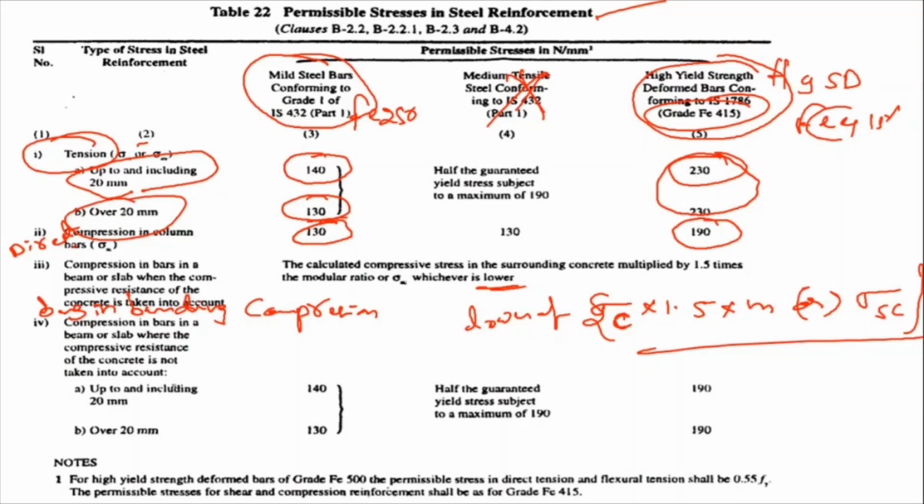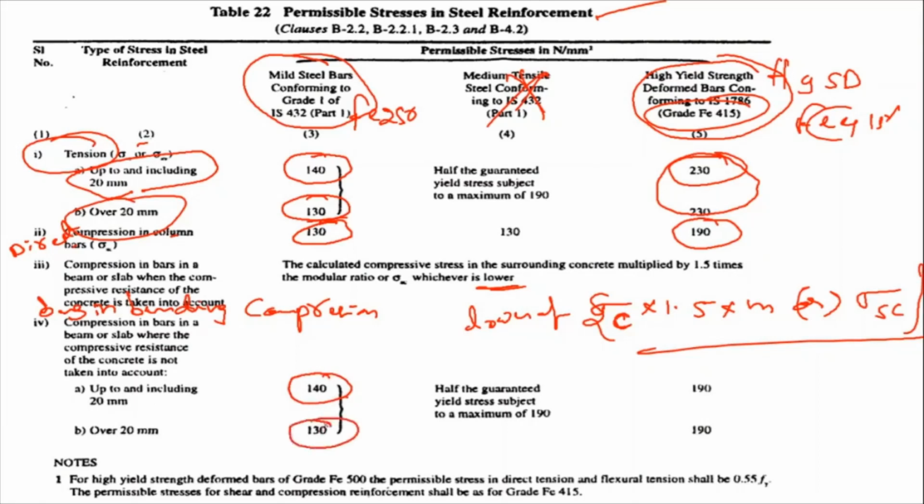Okay, then suppose the compressive resistance of concrete is not taken into account. Here in this one we are considering the compressive strength of concrete. But if you are not considering that compressive strength also, usually we ignore the tensile strength only, but here we are ignoring the compressive strength also. So in that case, if the bars are of diameter up to 20 mm, the permissible stress is 140.